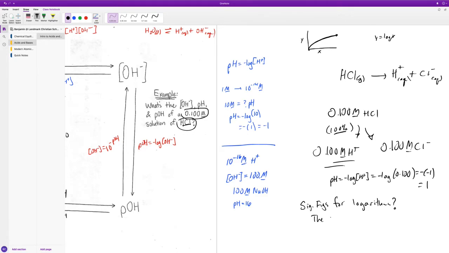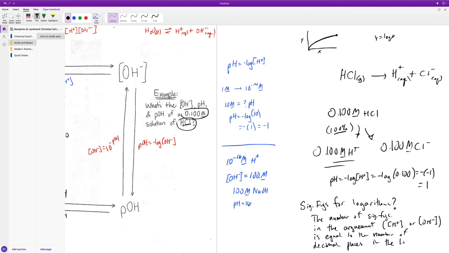The number of sig figs in the argument, and for this case we're talking about either H plus concentration or OH minus concentration, the number of sig figs in these values is equal to the number of decimal places in the logarithm.